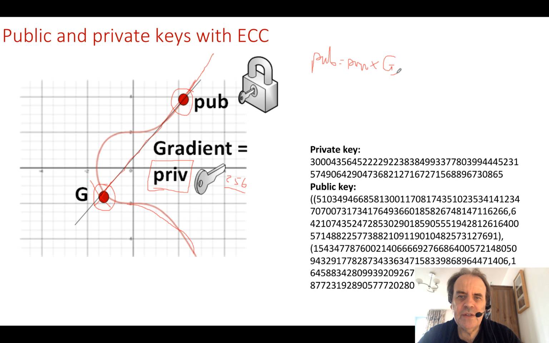Okay, and g is a known value. The public key is also known, but the private key is kept secret. And even by knowing g and the public key, it is not computationally possible within a reasonable time to work out what the gradient is here.